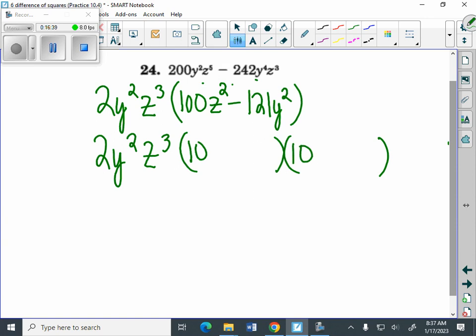The square root of z squared is z. Z times z is z squared. If you need to, use your calculator to figure out what the square root of 121 is, which is 11. And then the square root of y squared is y. Y times y is y squared. Difference between 2 squares, different signs.